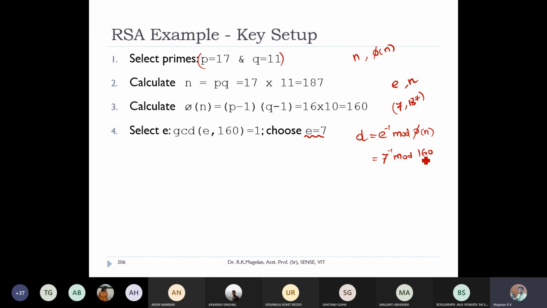You can use your Euler's theorem here. If you use Euler's theorem, it will come as 7 power phi of n minus 1.